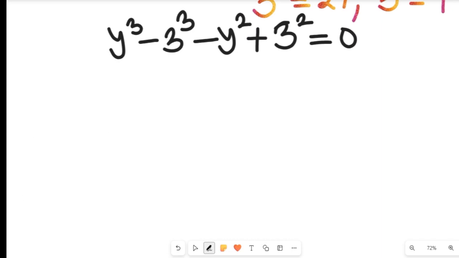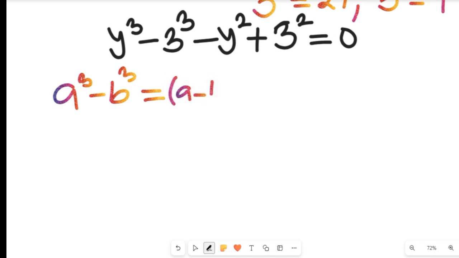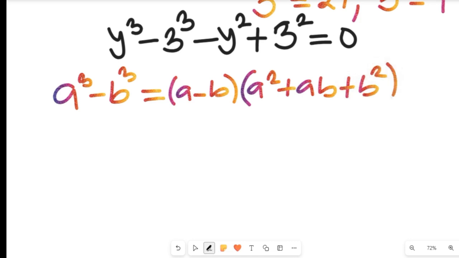Good. Now recall an algebraic formula. We have a to the power of 3 minus b to the power of 3, which is going to give us a minus b times a square plus ab plus b square, right?